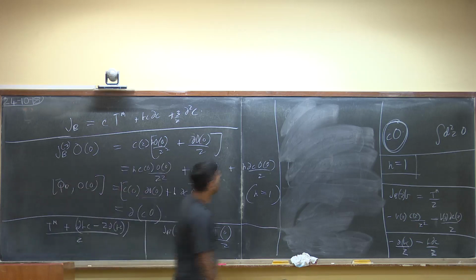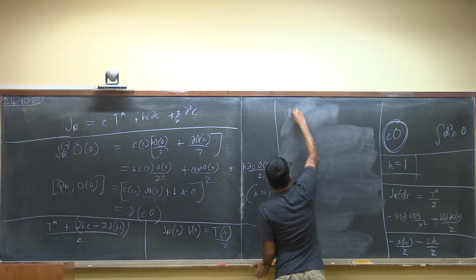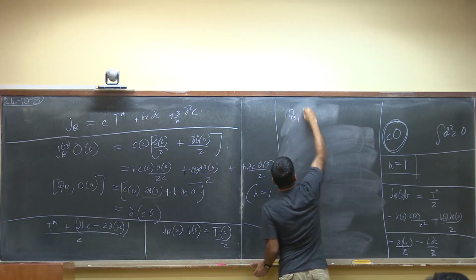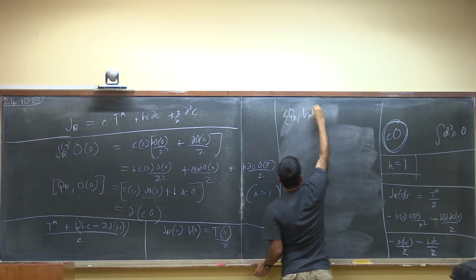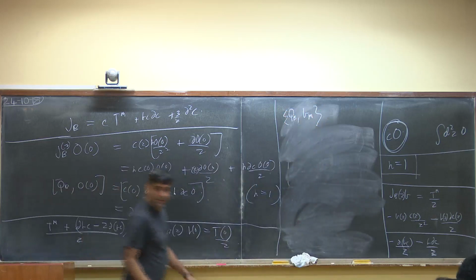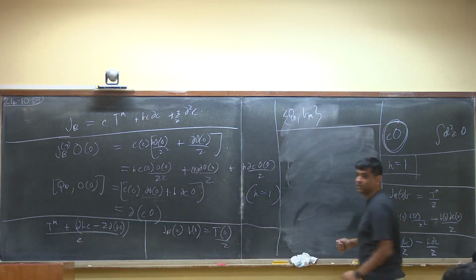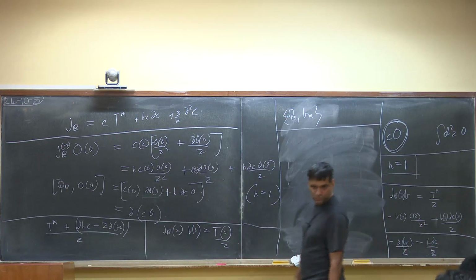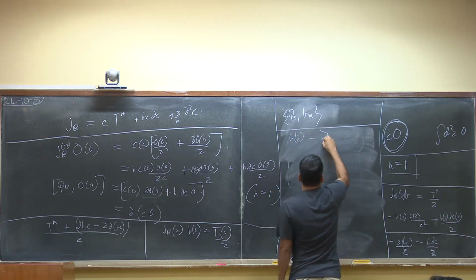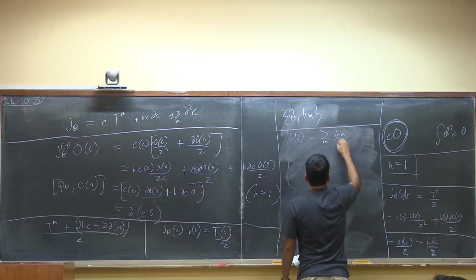Suppose I'm interested in computing the anti-commutator of QB with Bm. What is Bm? As usual, B is expanded according to its weight. B is a dimension 2 field. So B of Z is expanded like the sum of Bm by Z to the power m plus 2.